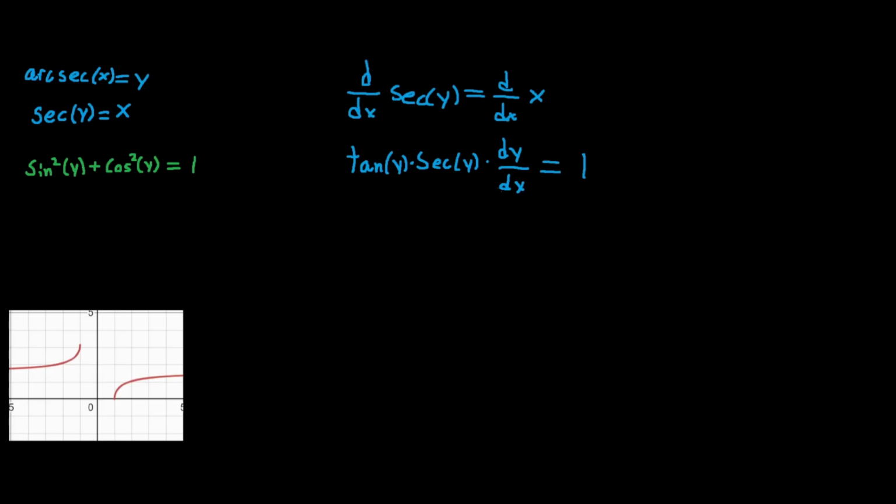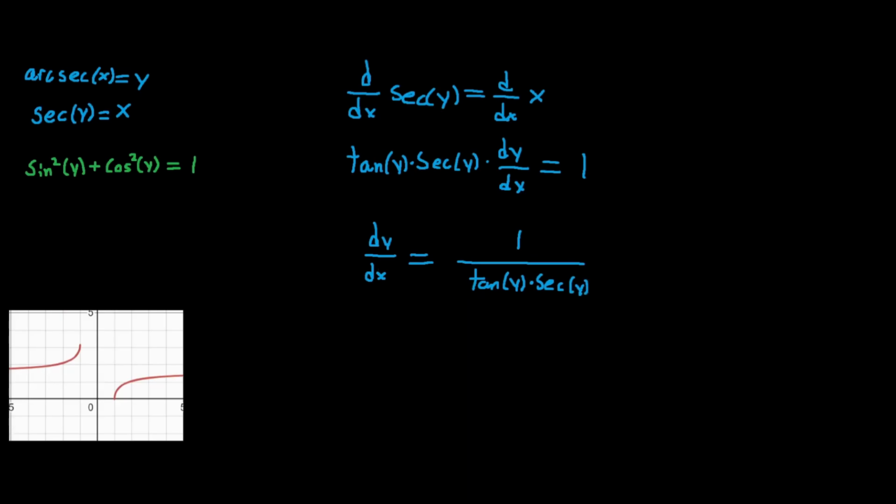I want to isolate dy over dx, so I'm going to divide both sides here by tangent of y times secant of y. So I'll just be left with dy over dx on the left-hand side equals 1 over tangent of y times secant of y.